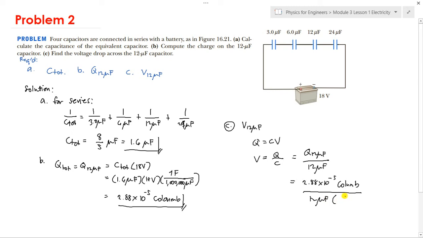Then remember 1 farad is 1 million microfarad, so it cancels. So we now have the answer divided by 12 times 10 to the power of negative 6. So the answer is 12 over 5 or 2.4. So the voltage there is 2.4 volts. So that is the answer, class.